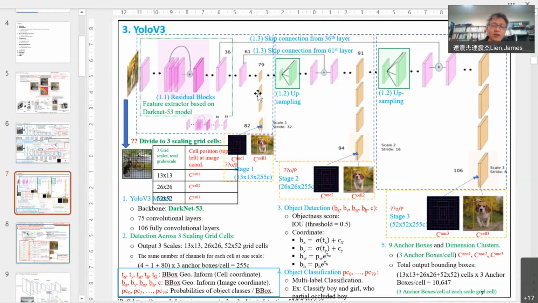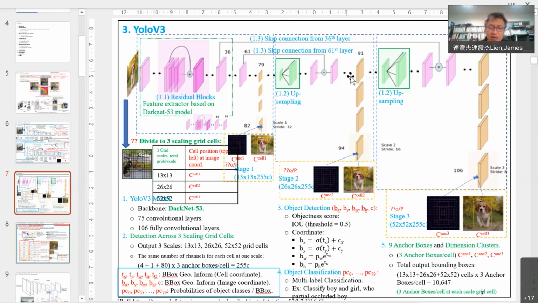Here, in the low resolution, it's 13 by 13. In the low resolution, they have grid. So they have grid 13 by 13 in the last stage. And based on this one, they do the bounding box. And then they do upsampling. So they upsample by 2.